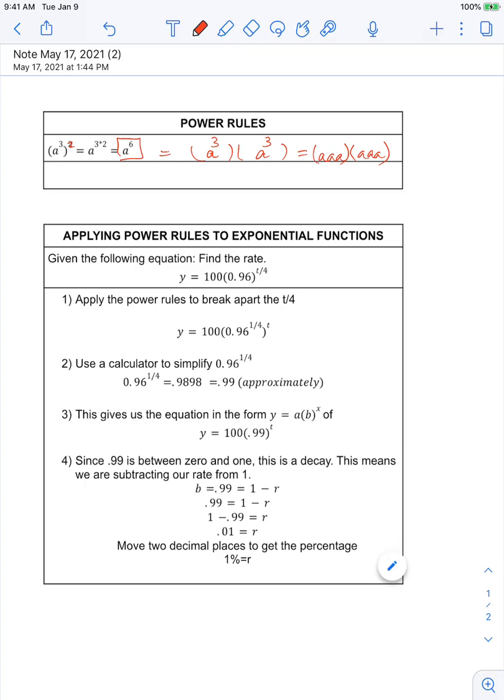I'm going to use this rule with fractional exponents. We need to be able to do the same thing with fractions. So if I have something like a to the 1/4, and then I take that whole thing to the x power, what I'm doing is multiplying my exponent, which will give me a to the 1/4 times x, and this gives me a to the 1/4 x, or I could write this as a to the x over 4.